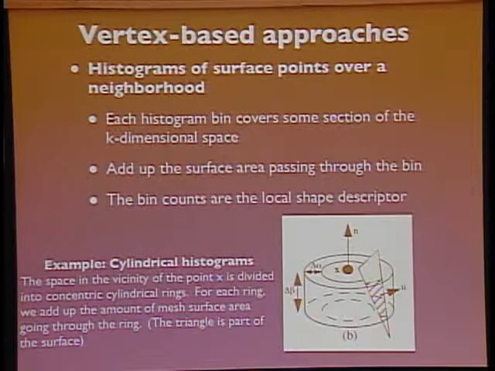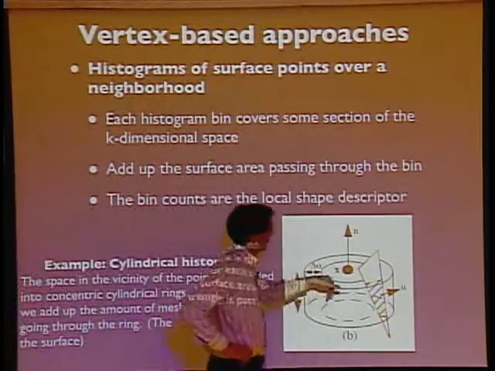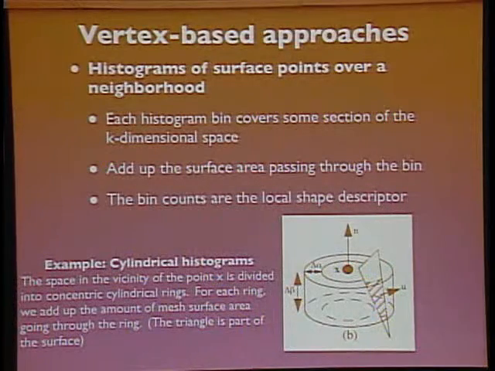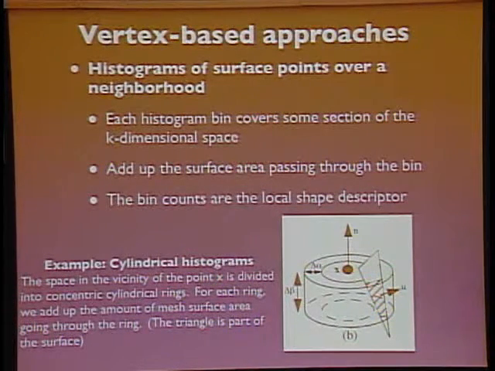Here's the next most complicated approach you can take, which is basically vertex histograms. So recall that what we're going to do is start at our point of interest. Here, call that x, and there's a surface normal direction n, and we are going to take our binoculars and do a 360-degree turn, and for each one of our rotation angles, try to say something about the topography of the surface around us.